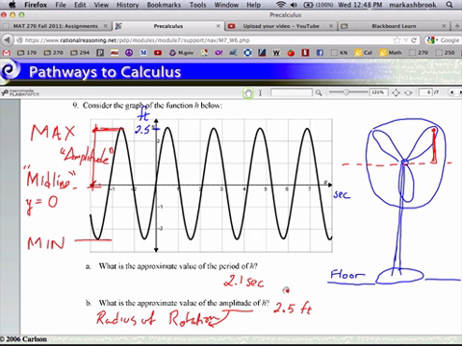Okay, so what I want you to do is, if the center of the fan is 4.75 feet, no more, so let's do 6.75.